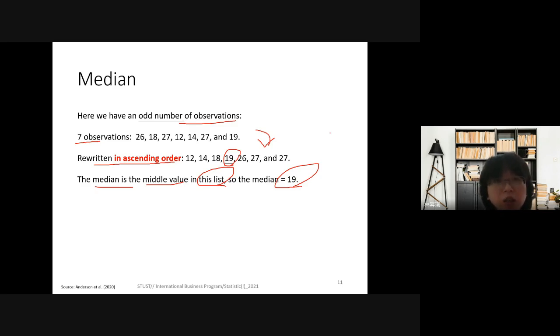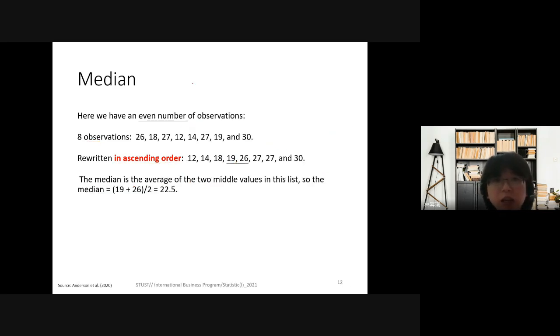So if today there is an even number of observations, maybe there are 8 observations, the first step you need to do is to write them down in ascending order. Then in such a condition, there are 8 observations here. So in the middle, 1, 2, 3, 4, 5, 6, 7, 8.